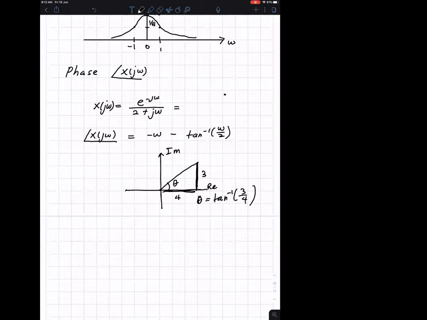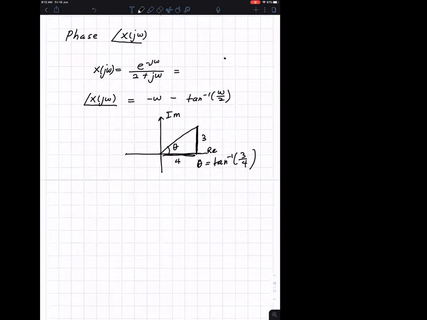Okay, now you take your calculator, JJ, and find out what is tangent inverse of 0.75. 3 over 4 is how much? 0.75.